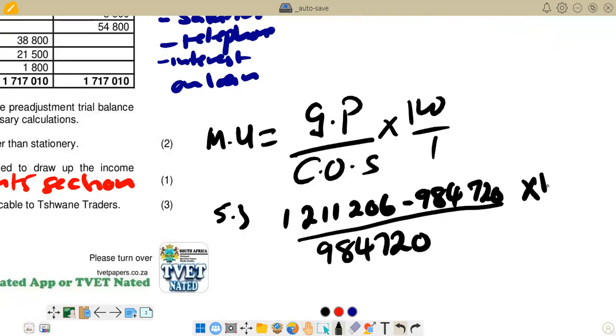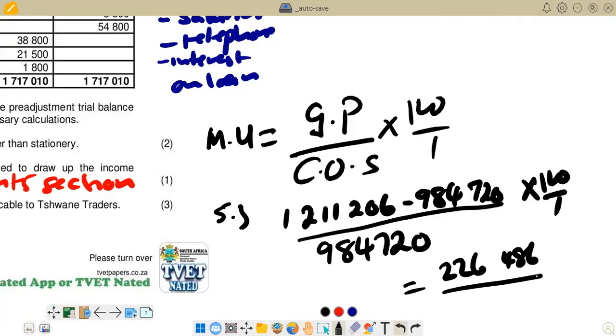So when you say 1,211,206 minus 984,720, you are supposed to get 226,486. Then we divide that by 984,720. Then we multiply by 100 over 1.